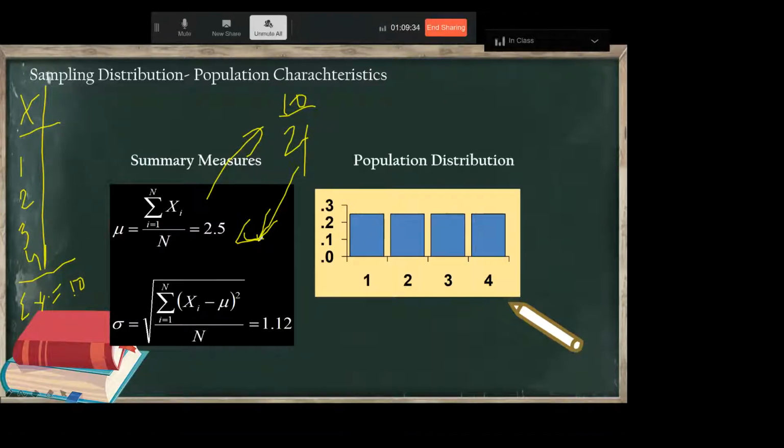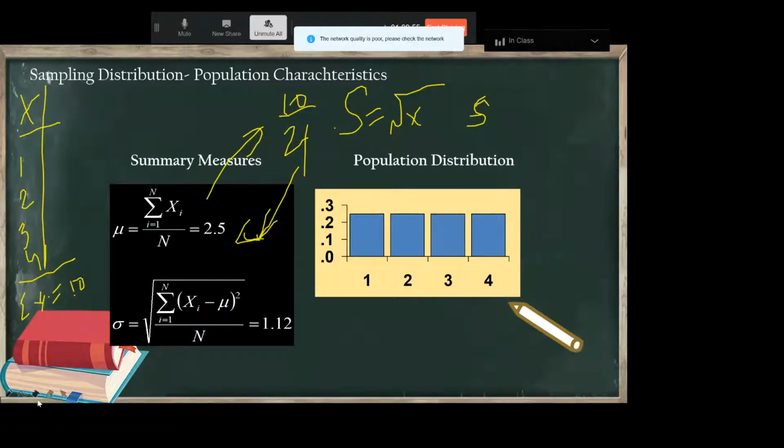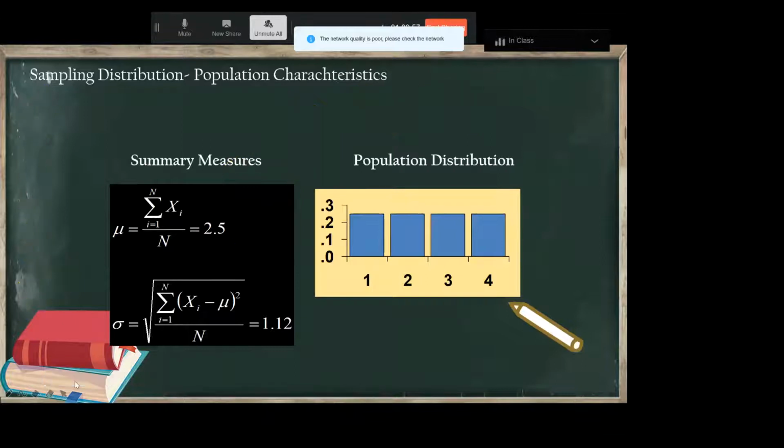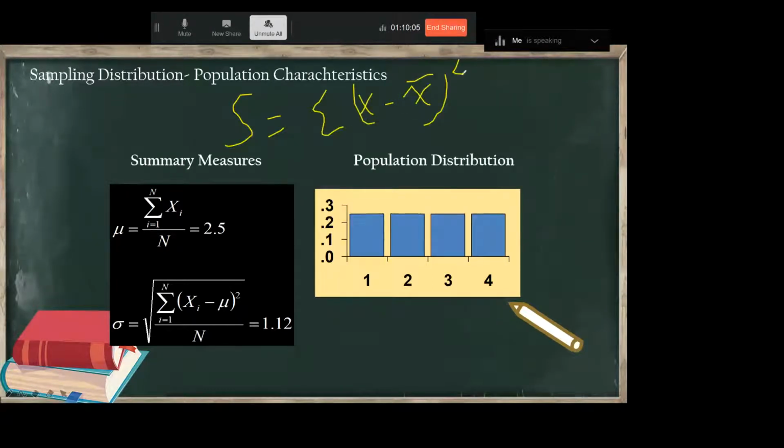Similarly, you can extract the sigma, the standard deviation. Now recall that we have capital S and small s, right? What is the capital S? The square root of the sum of (x minus x bar) squared divided by n. And what is the small s?